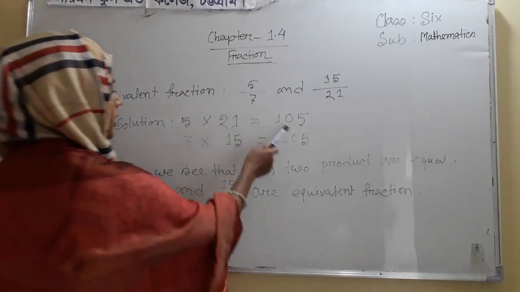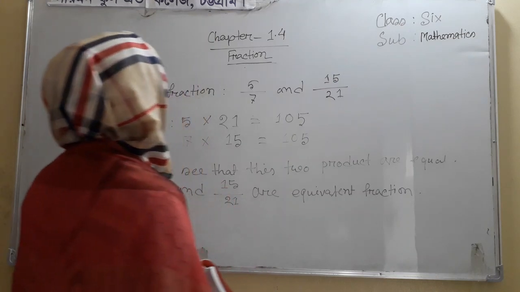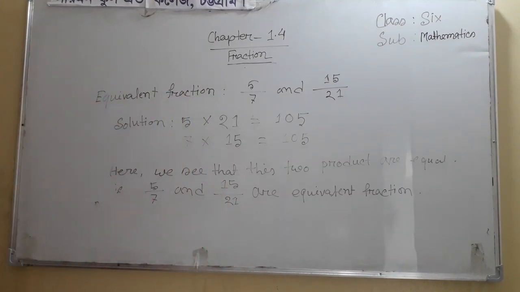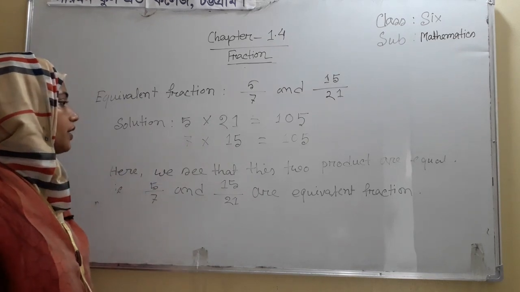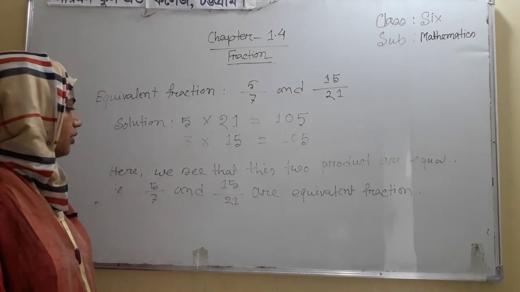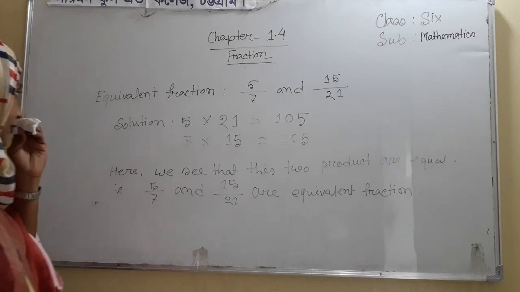If these two products are not equal, then these fractions are not equivalent fractions. But we have these two products equal, so 5 by 7 and 15 by 21 are equivalent fractions.